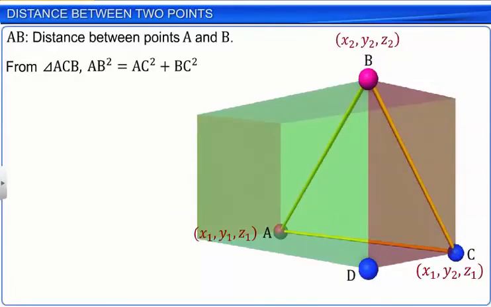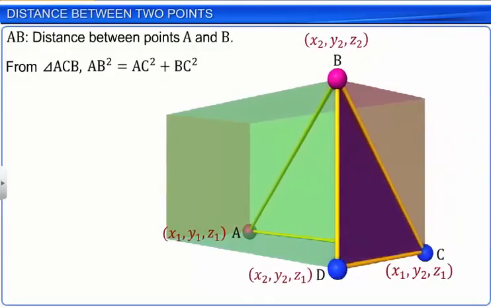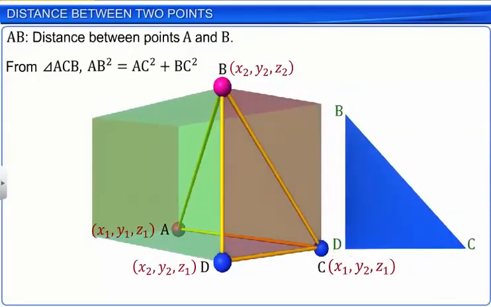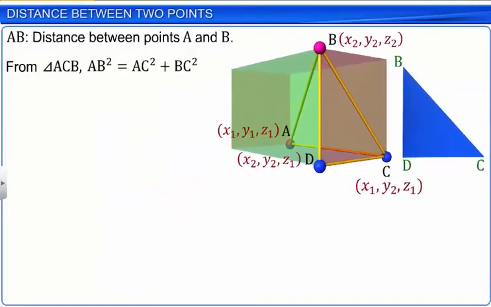Since points B and D lie on the same line parallel to the z-axis, its x and y coordinates are the same as that of point B. Hence, the coordinates of point D are x2, y2, z1. Points D, B and C form a right-angled triangle with a right angle at D. Therefore, we get BC square is equal to DC square plus DB square.